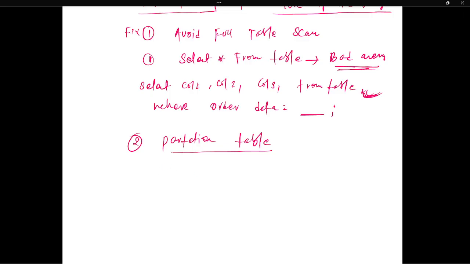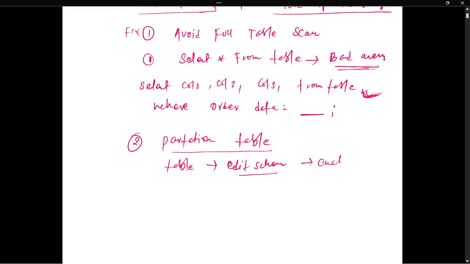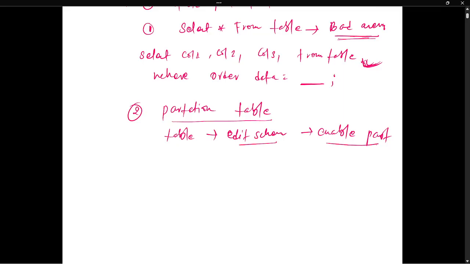Go to the table, then edit the schema, and there you can enable partitioning. If you enable partitioning, you can choose a column like a date or timestamp. After using the partitioned table, your queries only scan the required data, like today's date, tomorrow's date. So if you're using a partitioned table, you are definitely scanning less.